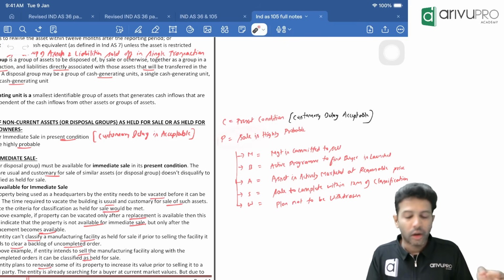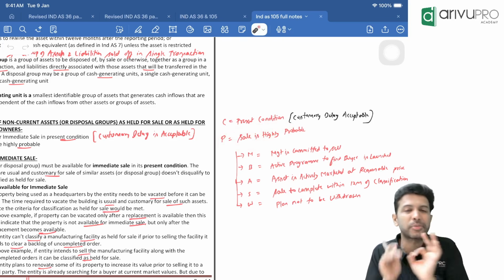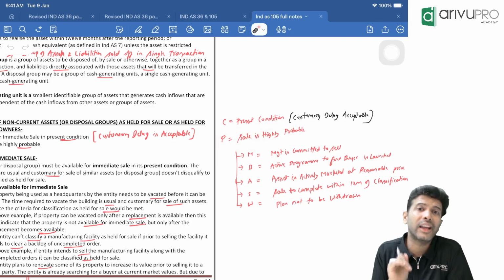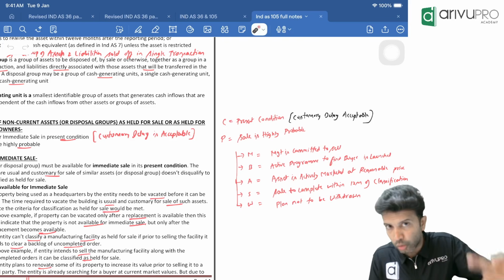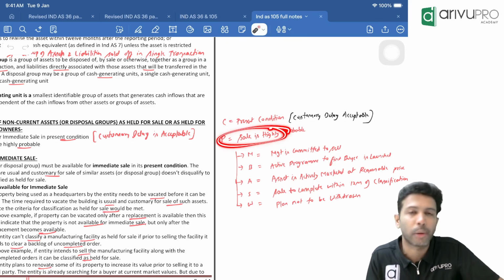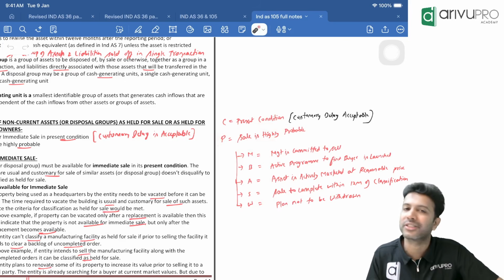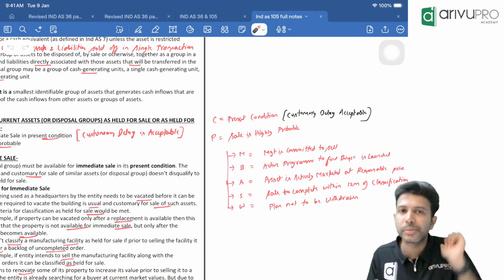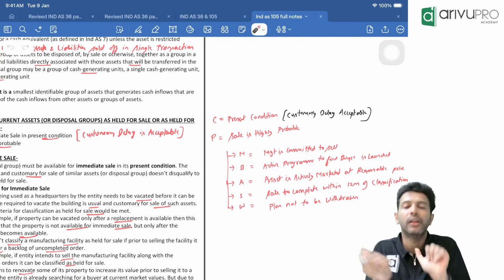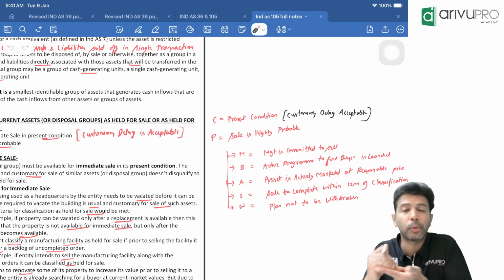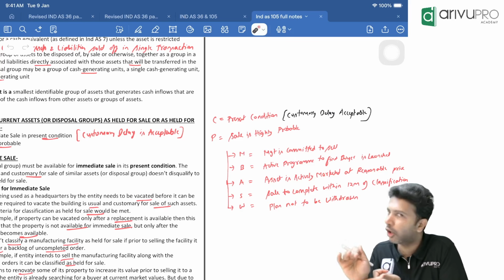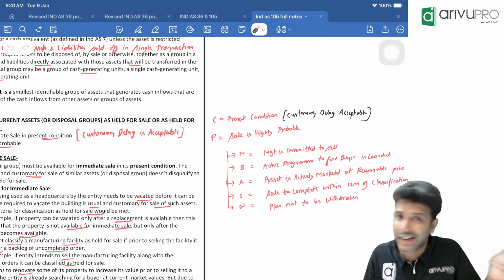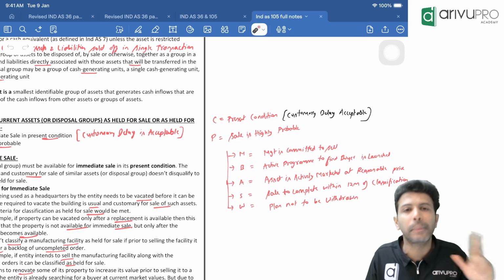P for the sale must be highly probable. In order to prove that the sale is highly probable, these 5 criteria should be satisfied. M for the management should be committed to sell. B for active program to find the buyer is already launched. A for asset should be actively marketed at a reasonable price.